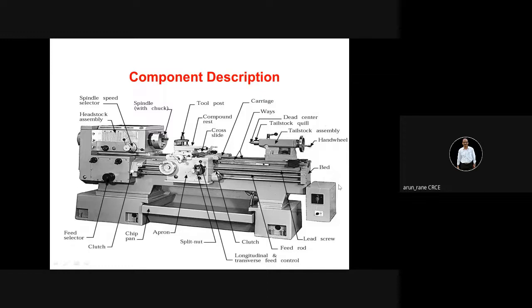So if you get a sudden spike or surge, there are chances that the electronic components will burn. So the function of the voltage stabilizer is to stabilize the voltage. It doesn't allow that sudden surge to pass.